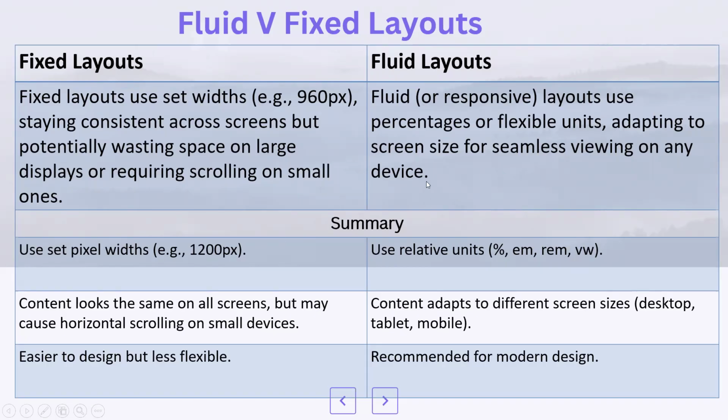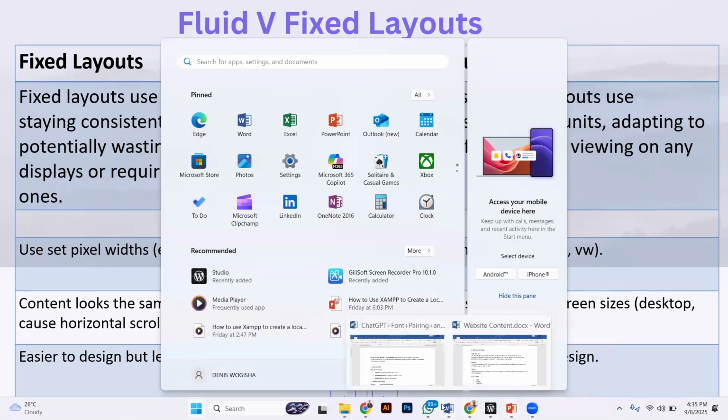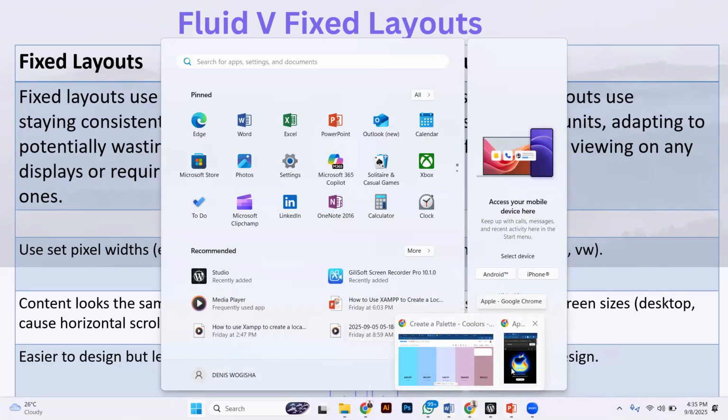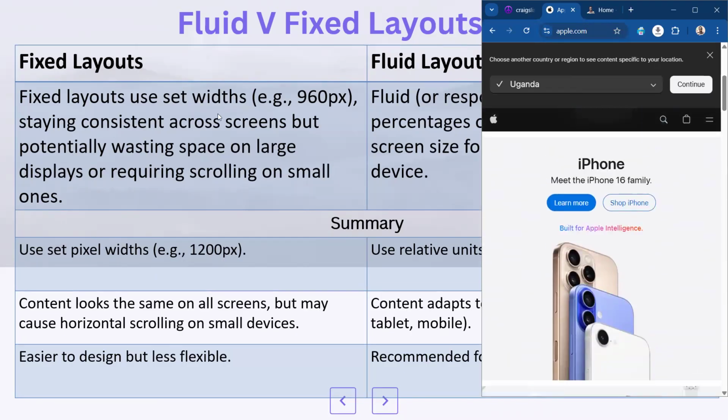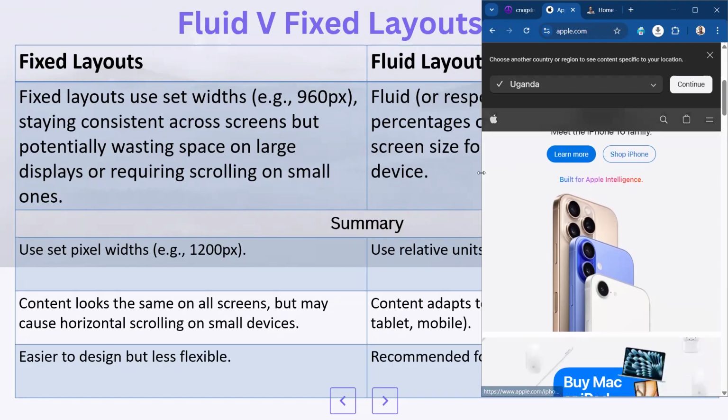So that means from the fonts, or from the elements, you don't use pixels because pixels are fixed. Whenever you use pixels, it means you want something to remain in that same position whenever the screen is adjusted.